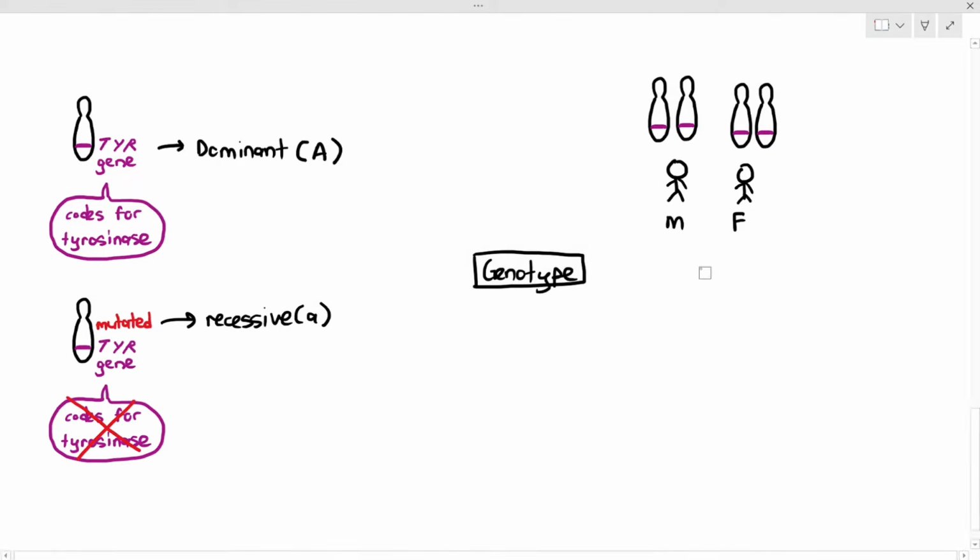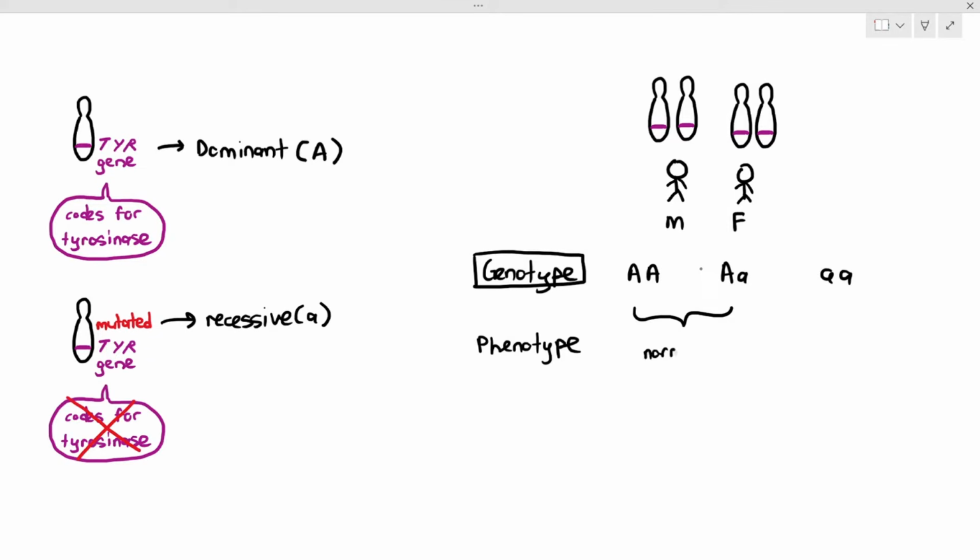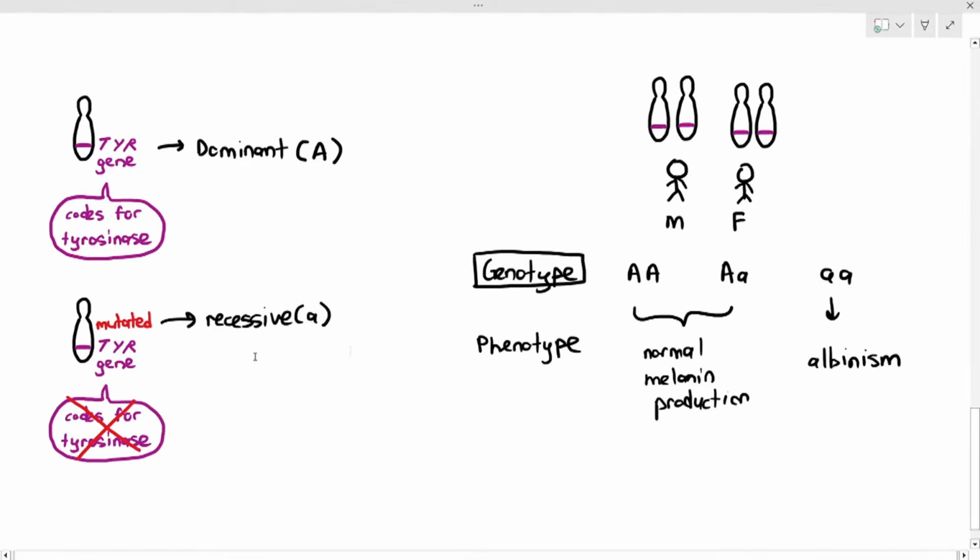And the possible genotypes can be large A large A, homozygous dominant, large A small a, heterozygous, or small a small a, homozygous recessive. If they have a genotype of large A large A, or large A small a, the large A allele is expressed, so the person's phenotype will be normal, so they'll have normal melanin production. But if they're homozygous recessive in this case, they will have a condition known as albinism.